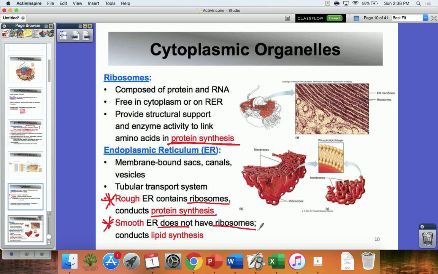And it's responsible for making our lipids. Okay? And also, once these things are made, the ER is going to be responsible for transporting those. So this is our transportation system. So this is what's going to be responsible for taking things where they need to go and sending them out, making those vesicles so that they can be sent out.